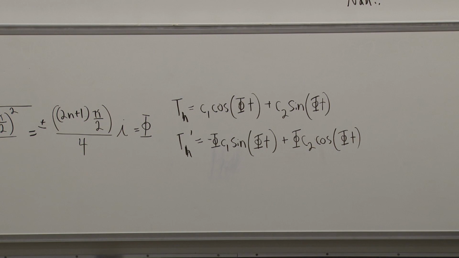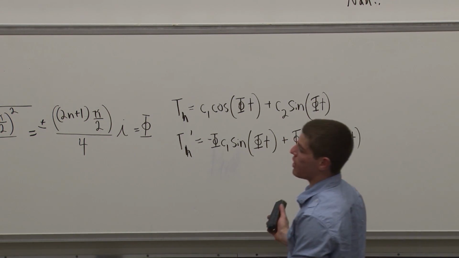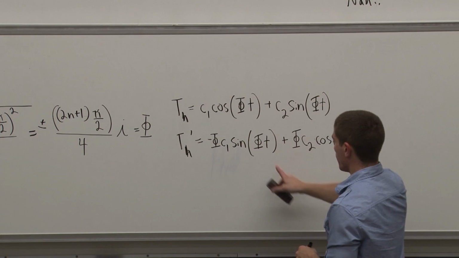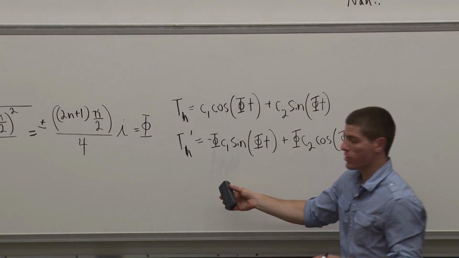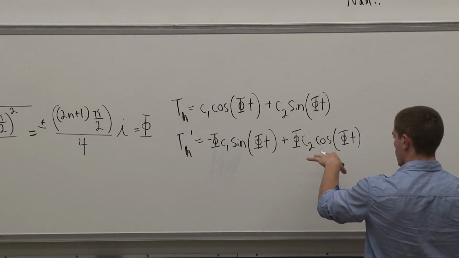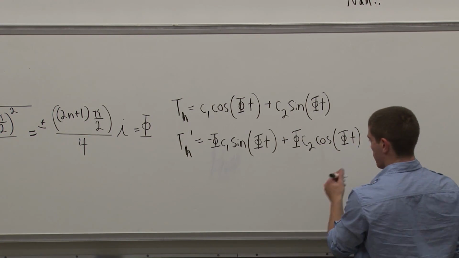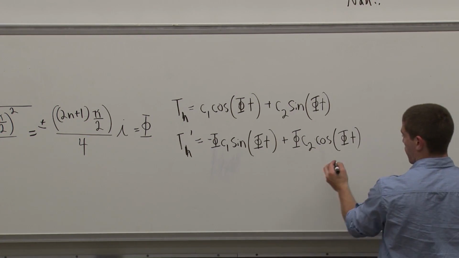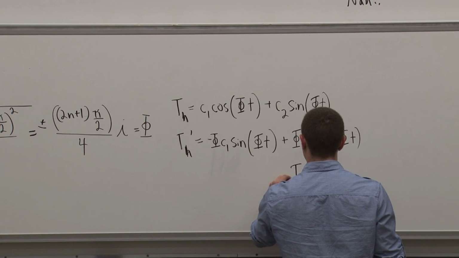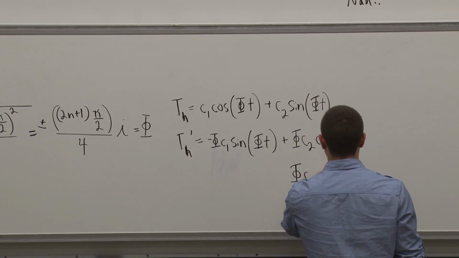All right, we got that. Now t homogeneous prime, we know that when you plug in 0 to t, it's going to equal 0. Plug in 0 here, the sine term goes away, the first term goes away. In the second term, cosine is equal to 1. So you have phi c2 is equal to 0.